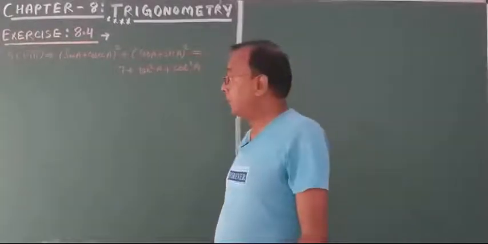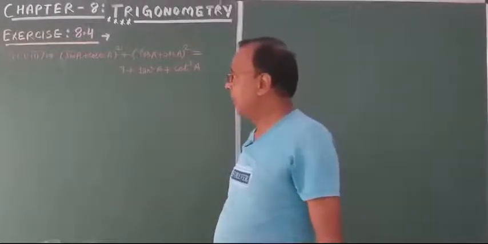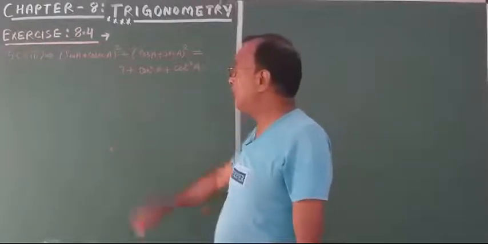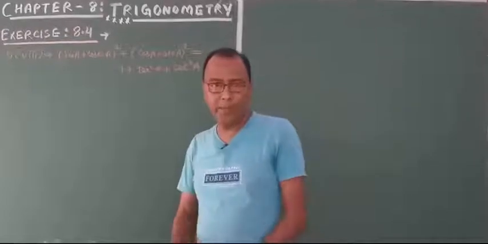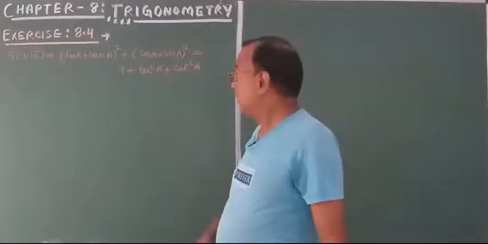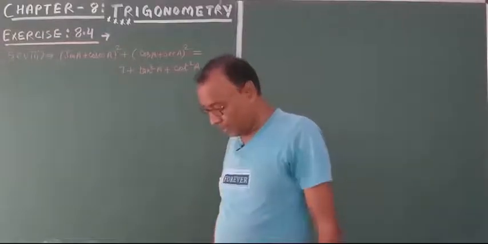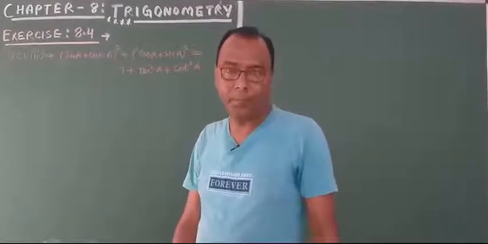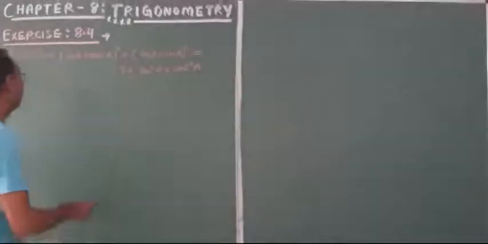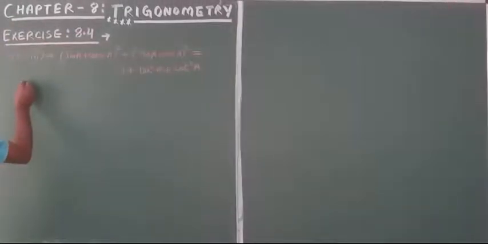Now this is fifth question, 8th part. Prove that (sin a plus cosec a) whole square plus (cos a plus sec a) whole square is equal to 7 plus tan square a plus cot square a. So we are starting with left hand side. Just look here.